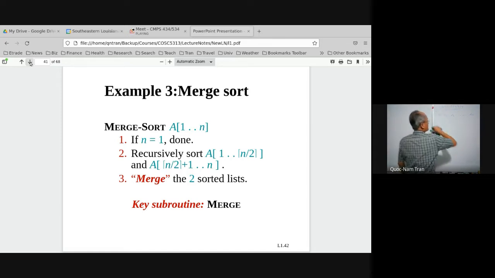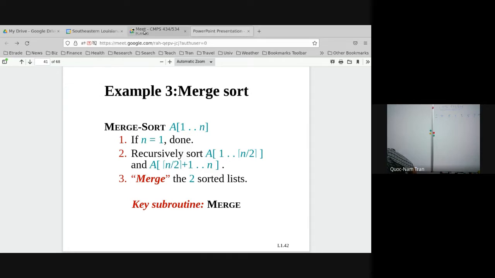Okay, so let me have one example, a small example here. So we have a sequence of numbers like this.